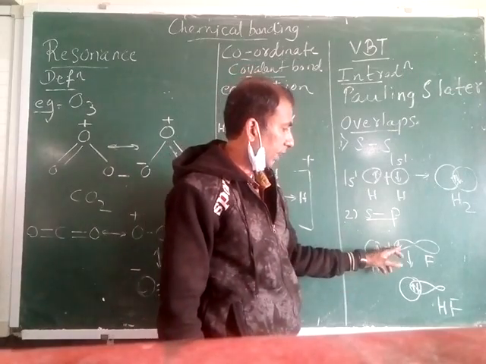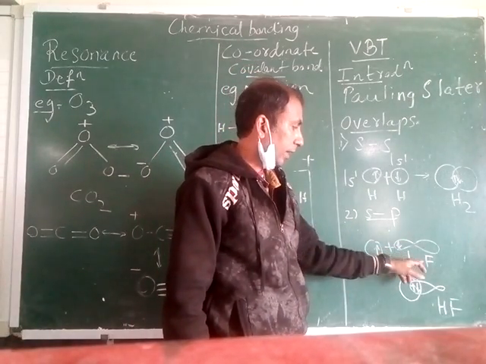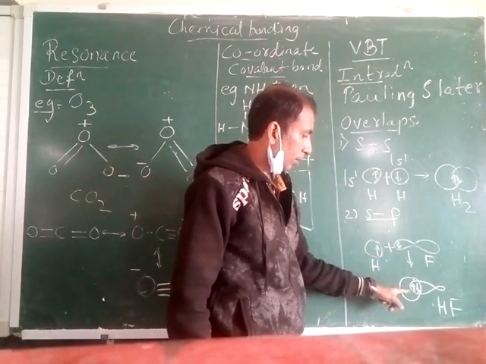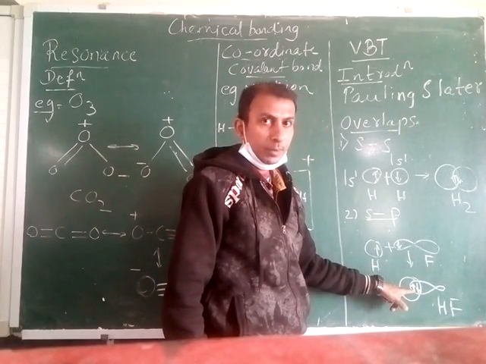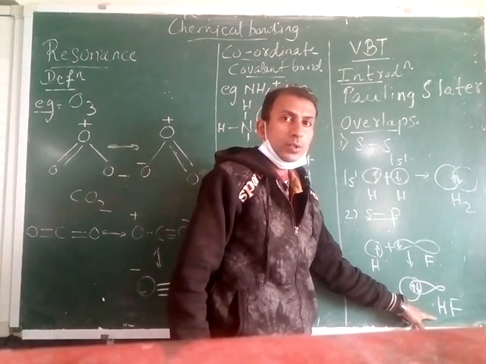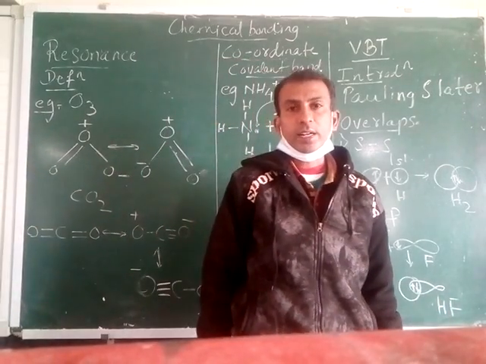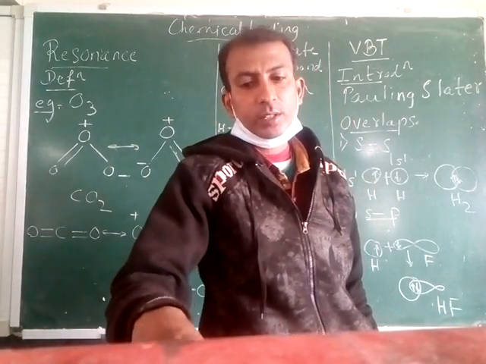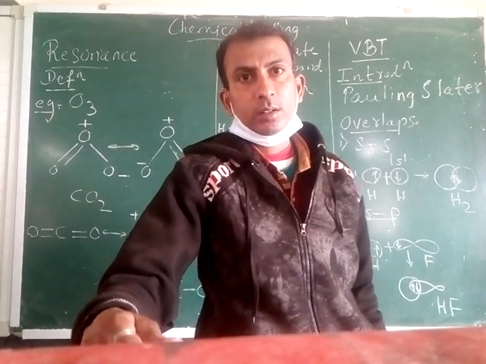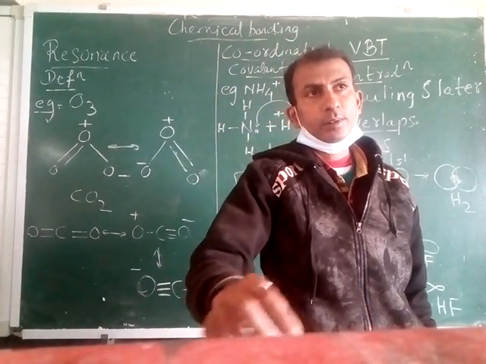So the dumbbell shape and the single electron of the F atom will overlap now. Electrons will get paired up and the HF molecule is formed. Since here 1s and 2p orbitals are overlapping, that's why the overlapping is called sp overlap.